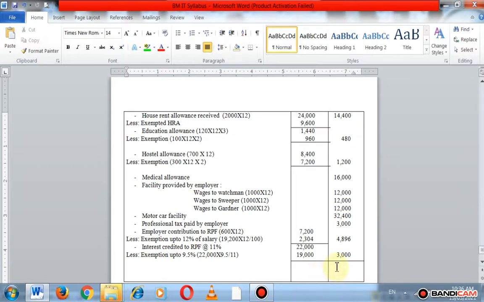So the total is 1,36,576, and that total is called the gross salary.